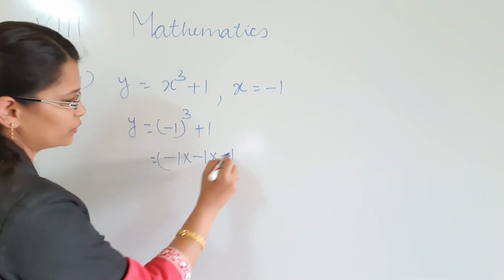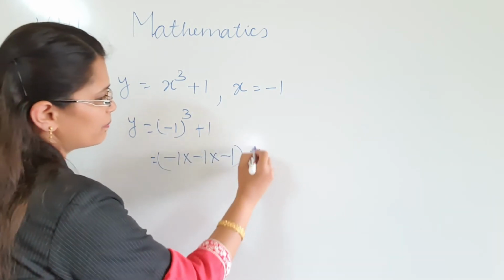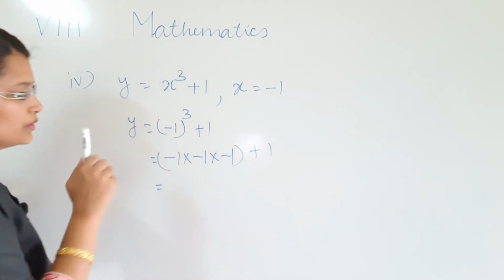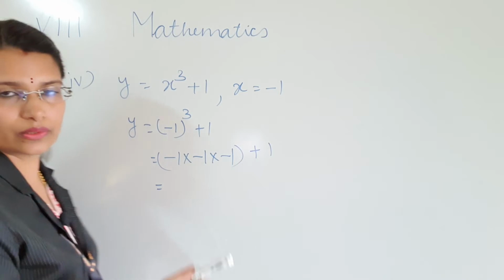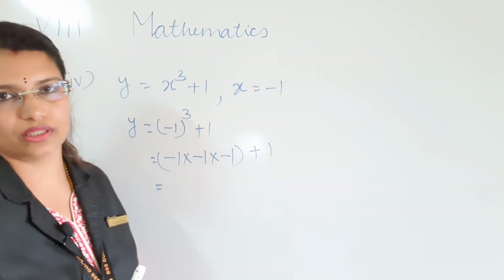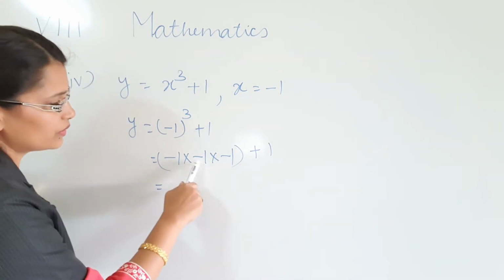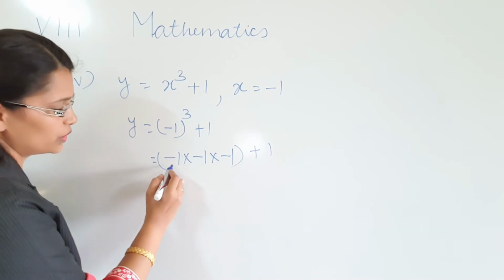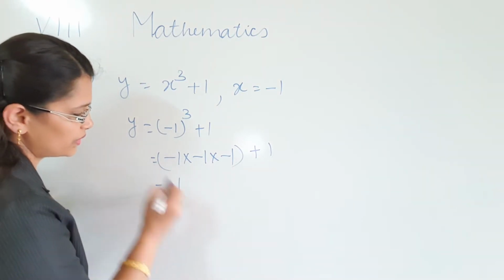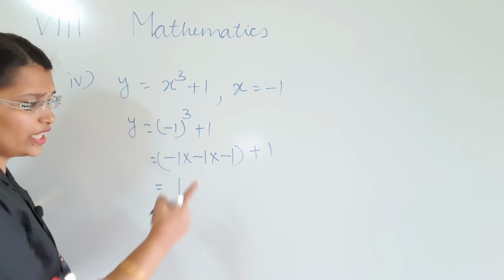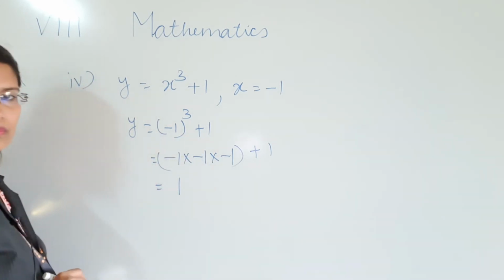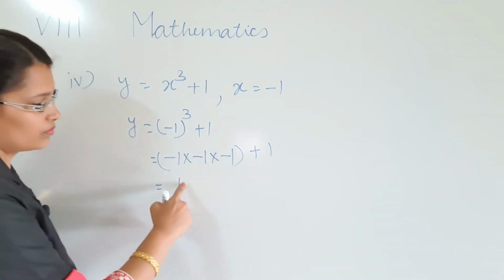3 times we have to multiply, right? Then plus 1 is equal to, you learned that negative into negative is equal to positive, right? Minus 1 into minus 1 equal to plus 1. Then one more multiplication is there.